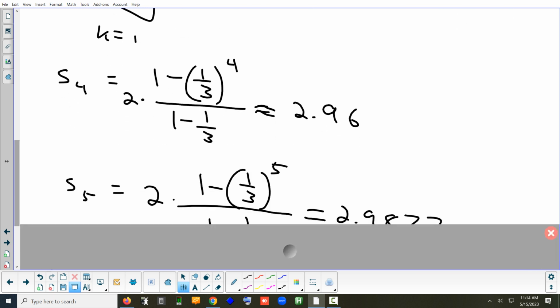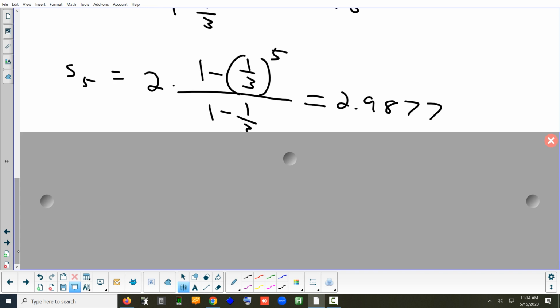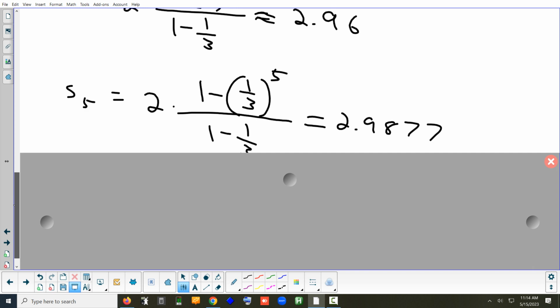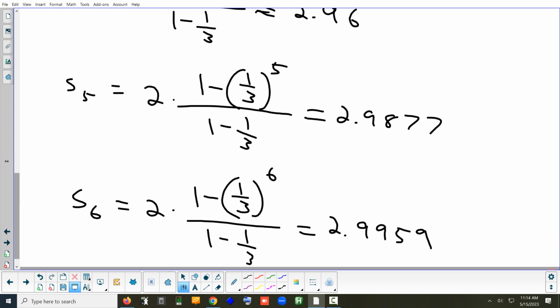If you do the first 5, I think that kind of confirms it. Fill in your r value, fill in your first term, and you'll get about 2.9877. If you add up the first 6 terms, you get 2.9959. So it's getting very, very close.